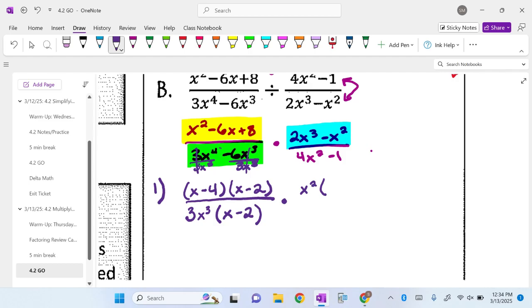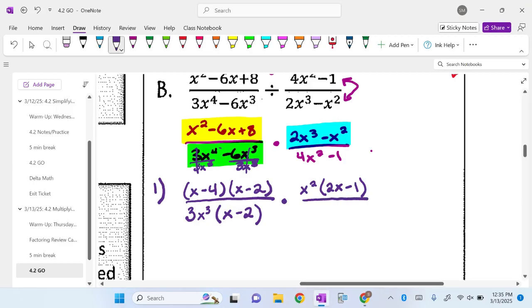What am I left with? 2x, because 2 divided by 1 is 2. X cubed divided by x squared. You took 2 x's away from the 3, so you just get a singular x left. Now what's negative x squared divided by x squared? Negative 1, because the x squareds cancel out, so all you're left with is a negative 1.